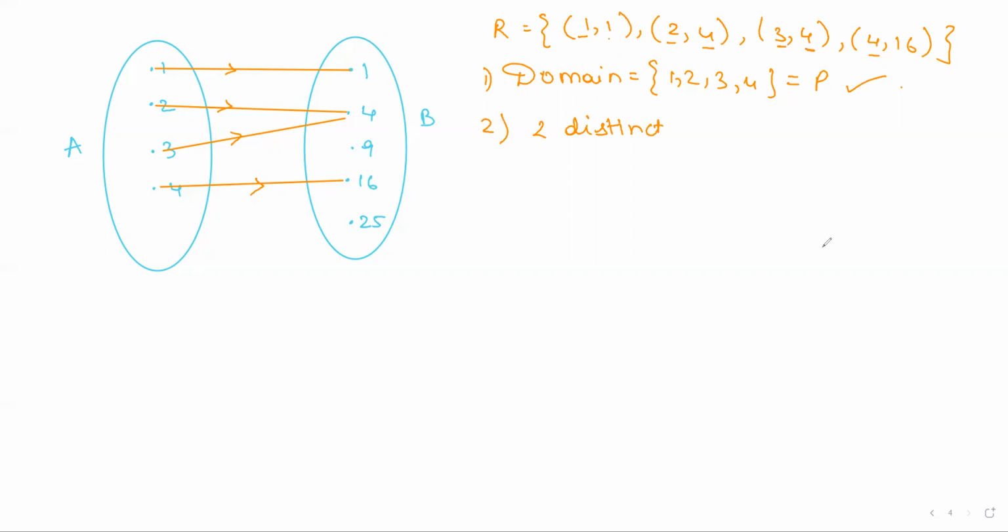The first element 1 has only one ordered pair, the second element has only one ordered pair, the third has 3 and the fourth has 4. So the second condition is also satisfied. That means no two pre-images have the same image.